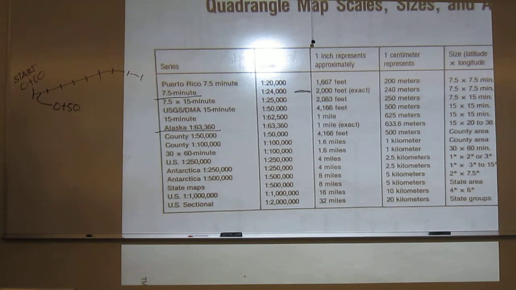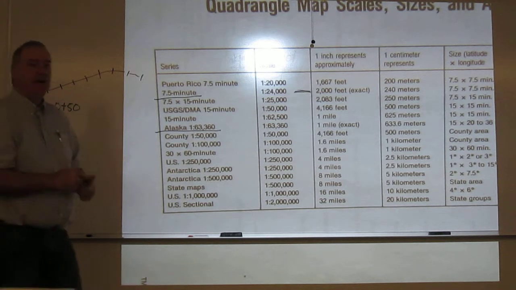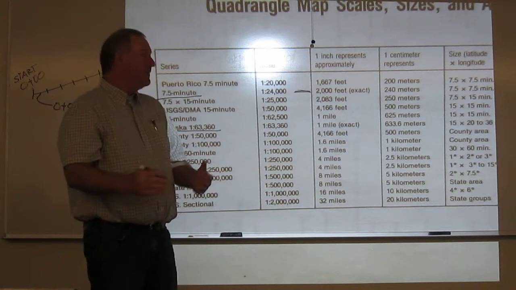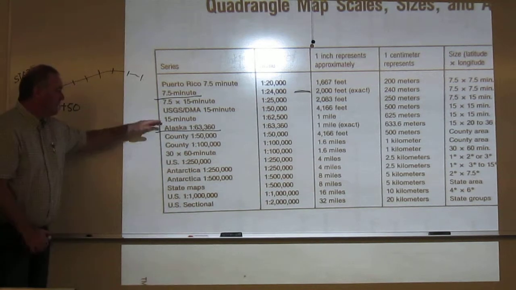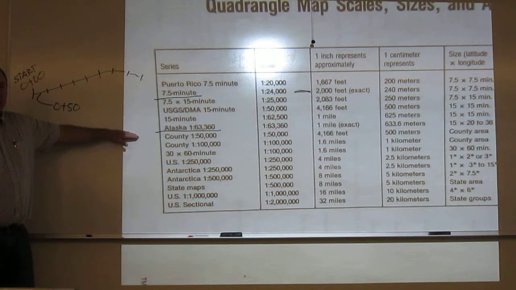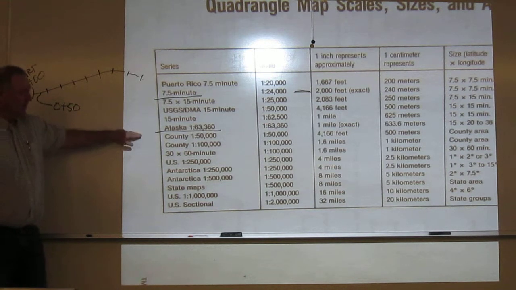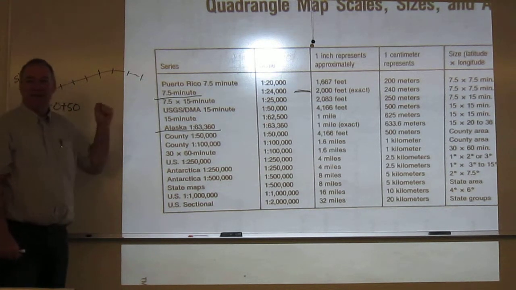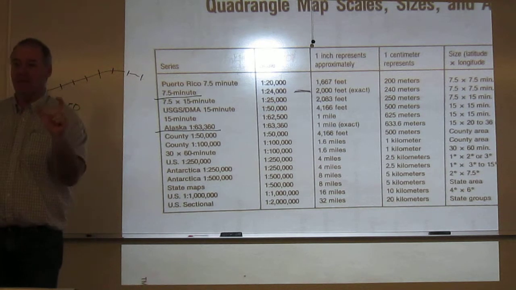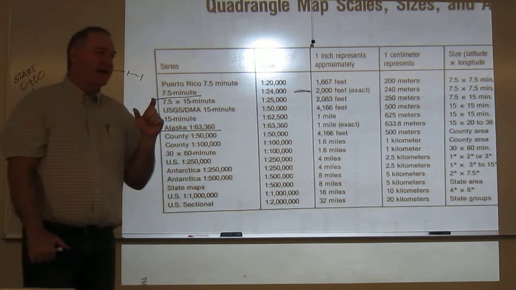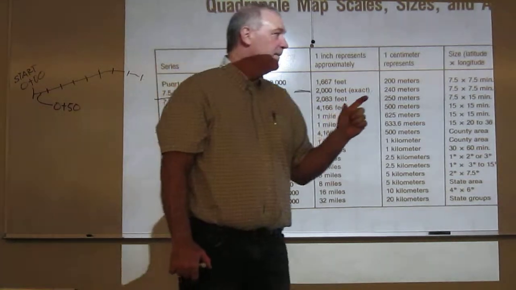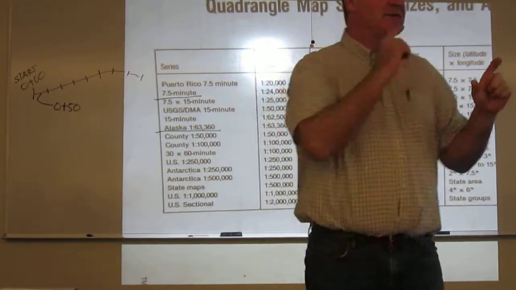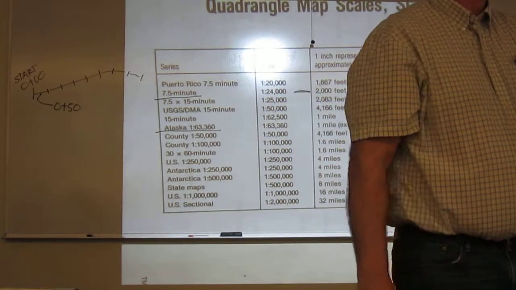Now, if I'm dealing with a project like a railroad or an interstate highway, something of that nature, I'm probably going to the Alaskan map. Because on this one, the scale is such that 1 inch is equal to 1 mile. So I can then use my 10 scale and just measure miles.